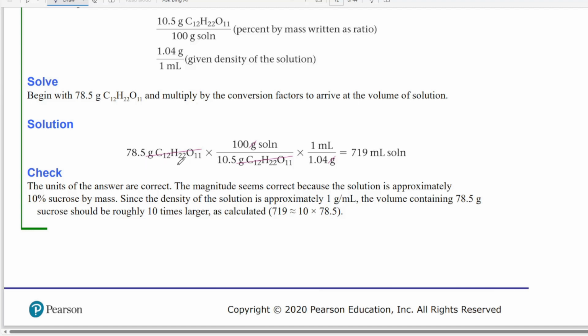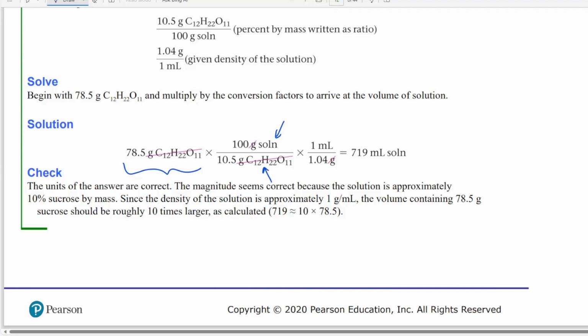78.5 grams of sucrose, we know that's the amount in our solution. We know that we have a 10.5% by mass solution, so 10.5 grams of sucrose is in every 100 grams of solution. So we're using that as a conversion factor, and we need to put the 10.5 grams of sucrose on the bottom.